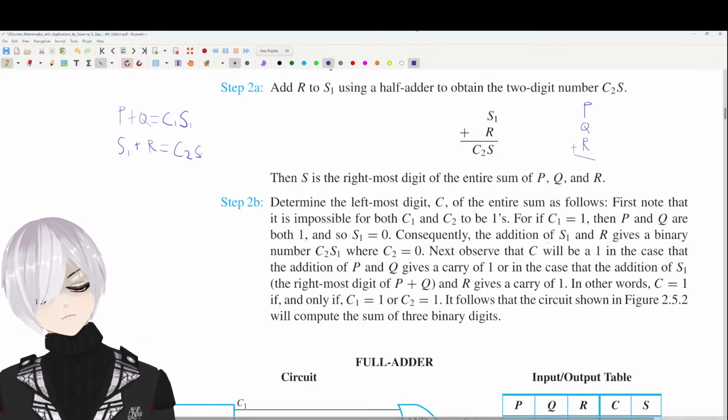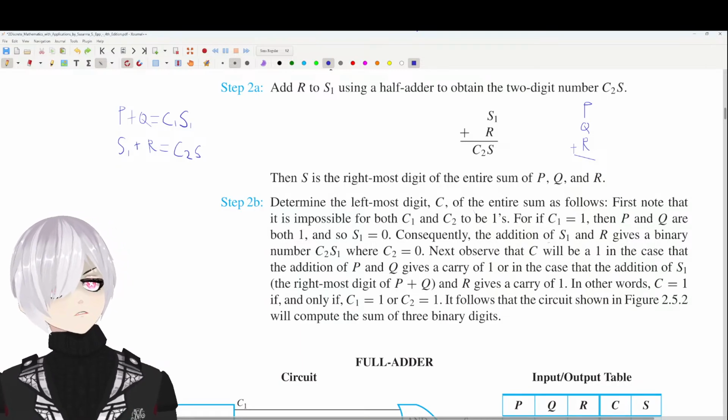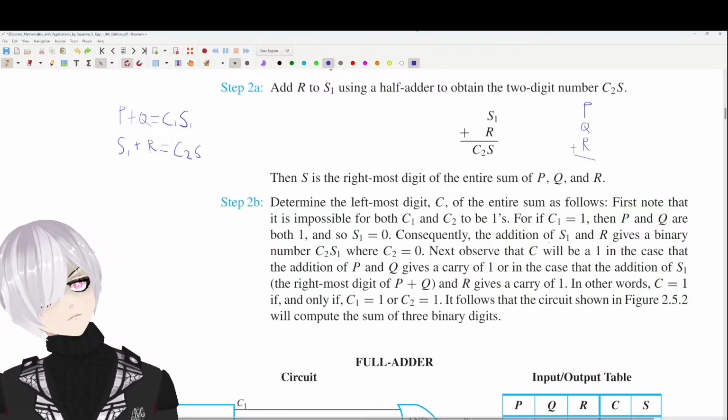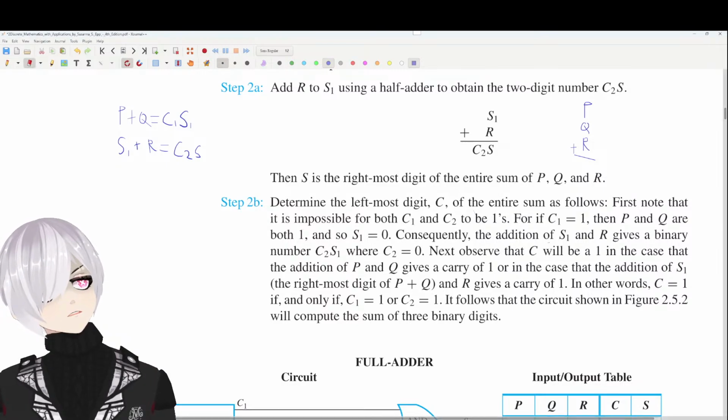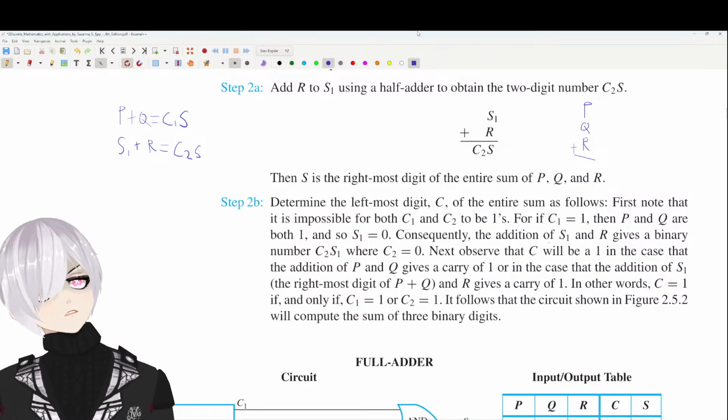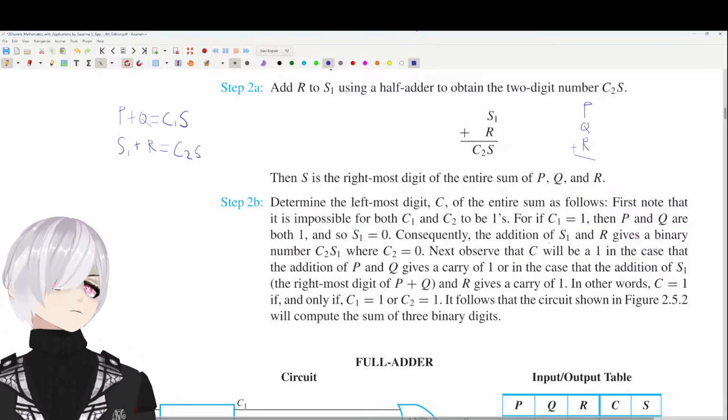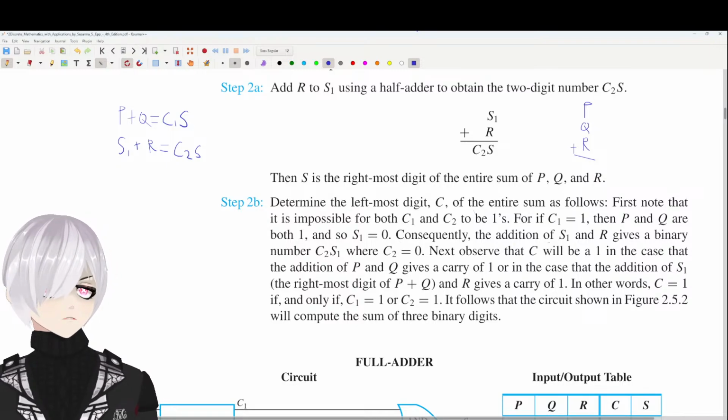But I think maybe that's a typo, because above everything it says C2 S. Right. So that was a typo. So S1 plus R equals C2 S, where C2 equals 0.